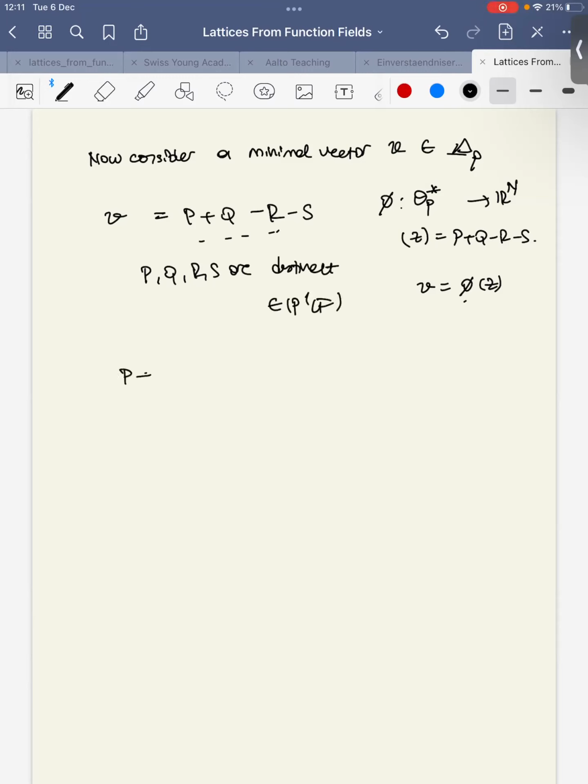Then P + Q, and let me also check the addition P + Q, and let me denote it by R1. Then by the definition of this addition, we know that P + Q - R1 - O is also principal, right?